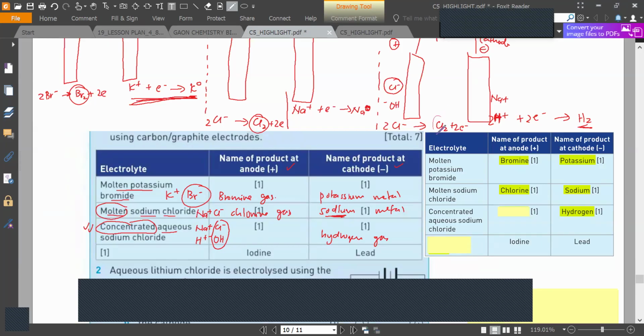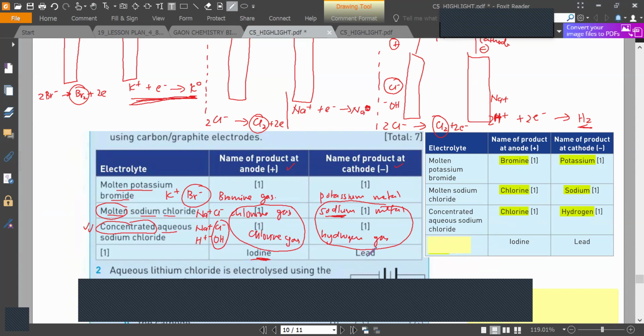So our product will be chlorine gas. We can see that in this part the product changes, and in this part the product does not change. It depends on the situation.